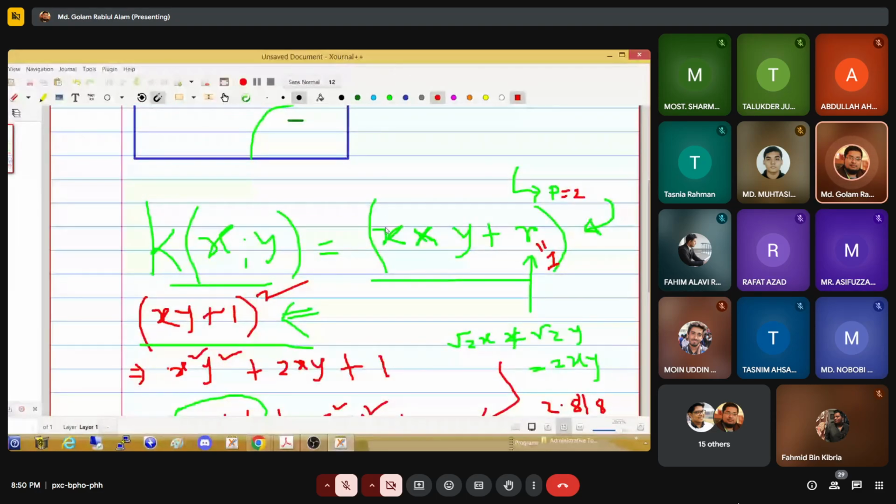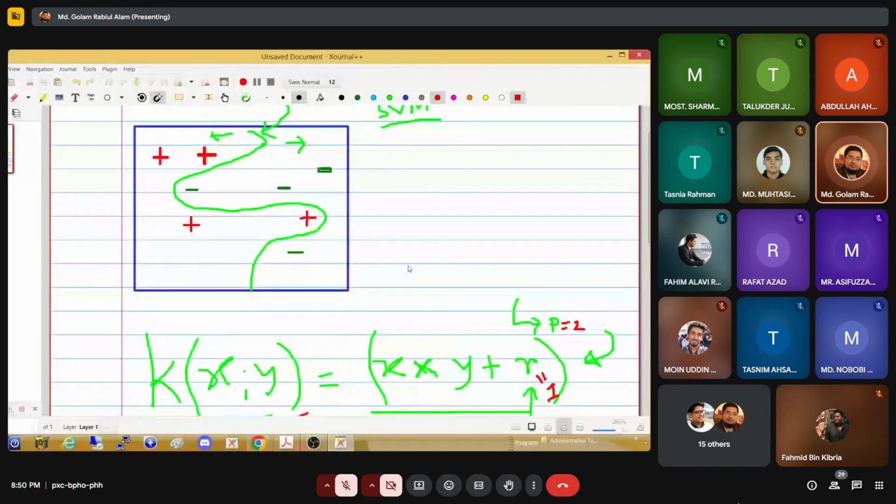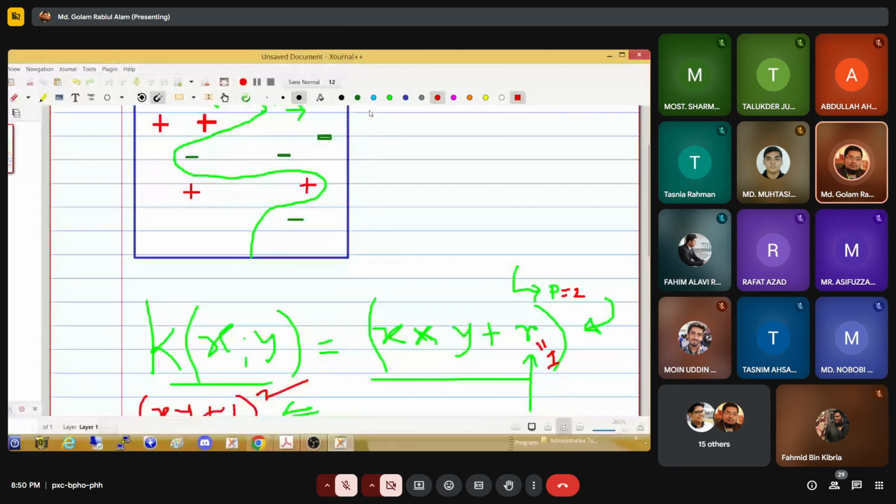So I think you understand the philosophy, that is how we can translate the data points utilizing the polynomial kernel. There are several other types of kernels also. The equation is different, the hyperparameters are different also. Among them, one of the popular kernels is called the radial basis function, or RBF kernel.